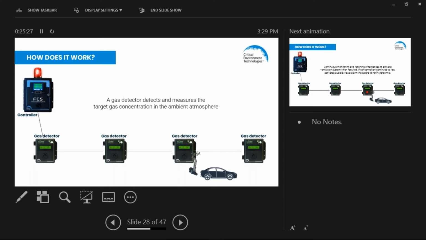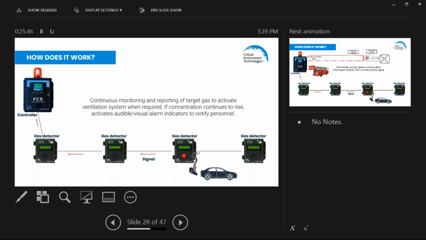And if and when a concentration of that target gas builds up to a particular set point, in this case carbon monoxide at 25 ppm, that information is constantly being fed back to the controller, which says, okay, now I'm seeing 25 ppm, and I know, because I've been programmed to do so, that I now bring on the ventilation system.